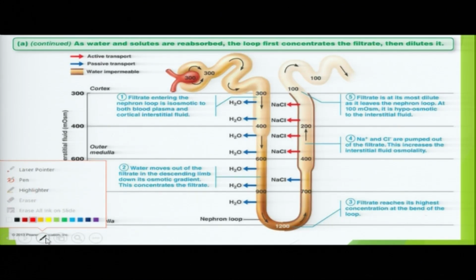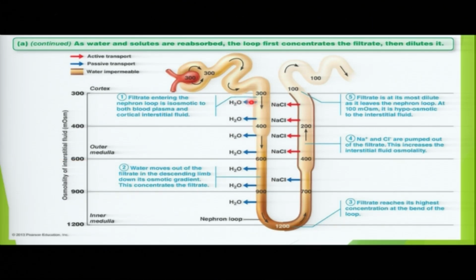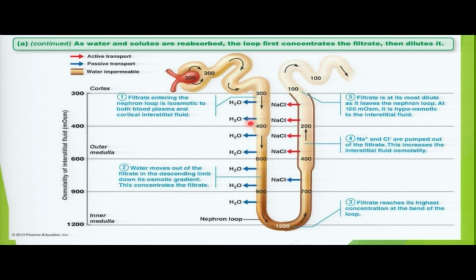You see? Now, at this site, you see water is moving. When you see this 300, 400, what is this? This is what you call osmolarity. Osmolarity is just the rate of concentration of solute. So if the water is removed, the concentration of solute also increases.